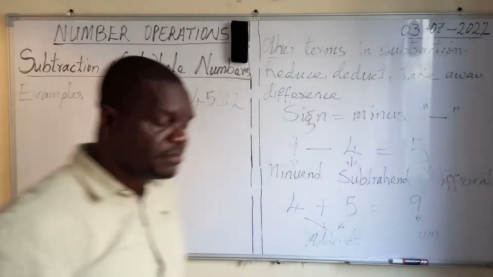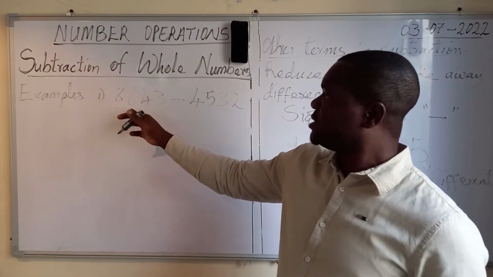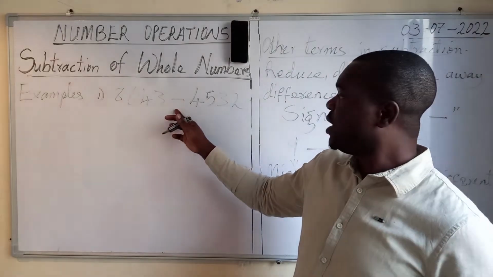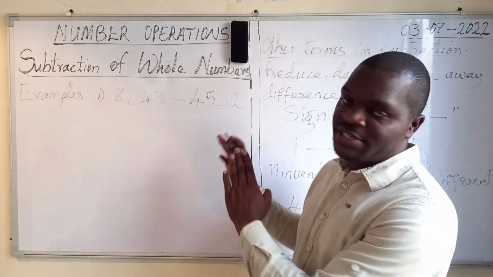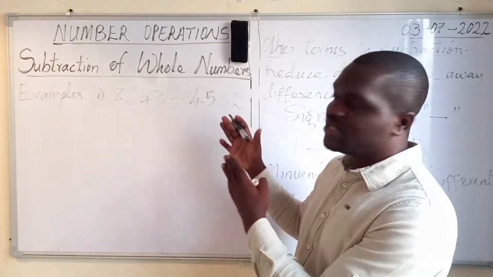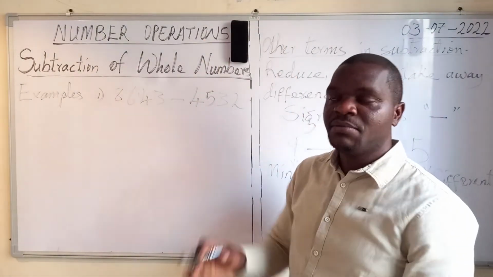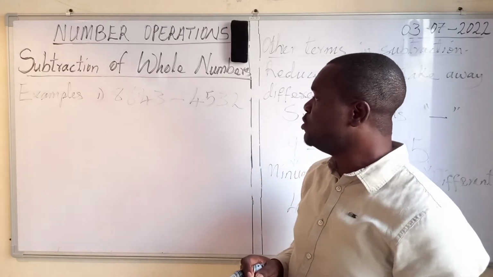Here we have a problem to subtract 8,643 take away 4,532. To be able to solve this properly, we have to place the numbers vertically, because horizontally it's difficult to solve.